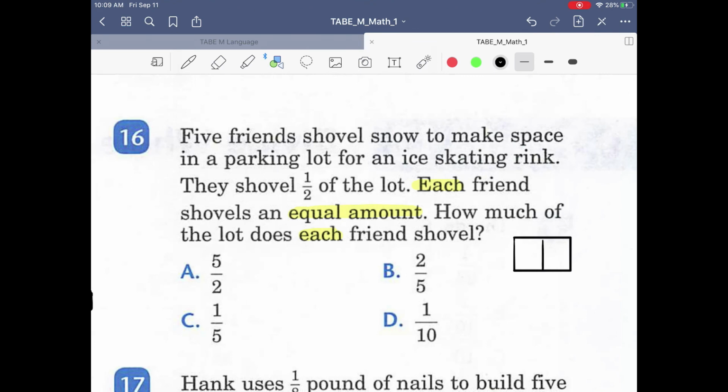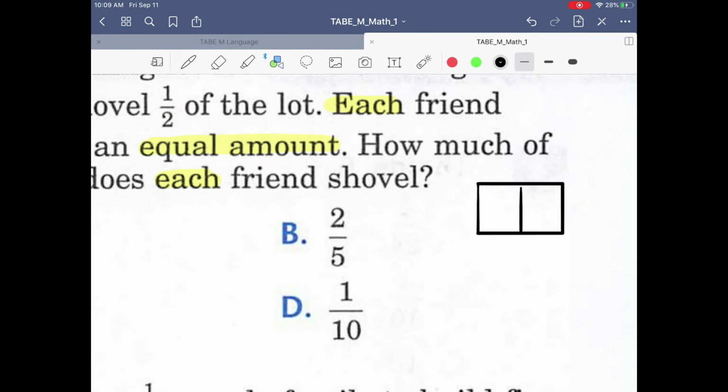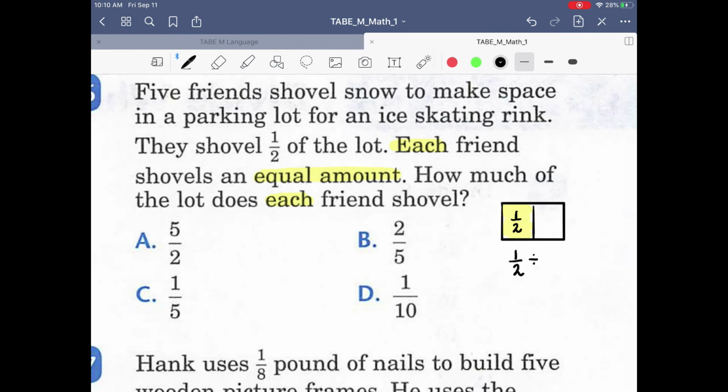They need half of that parking lot. They don't do the whole lot. So here's the half that they're going to shovel. And they're going to share that work equally. So 5 friends share that work equally. 1/2 times 1/5. That means that each person is shoveling 1/10 of that original sized lot.